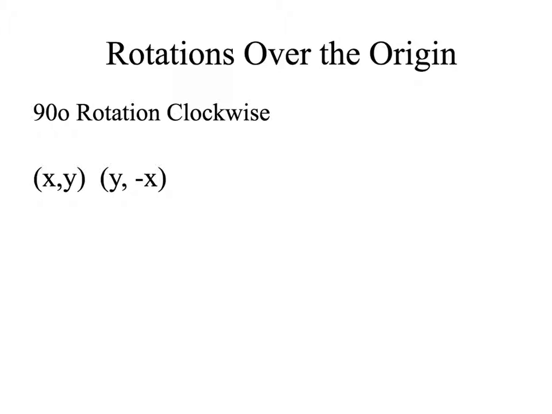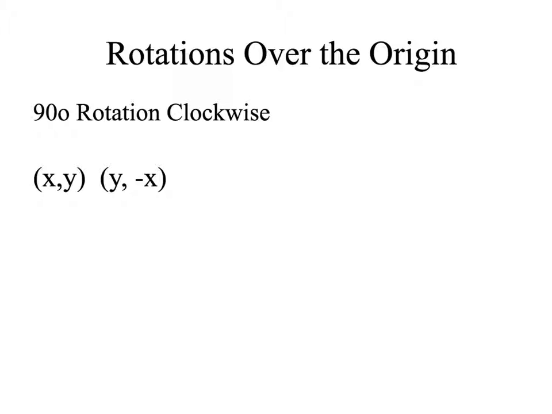So there's 3 rotations that we're going to be looking at. And each one has its own formula. And these you're going to have to remember. And we'll try to come up with some good ways to be able to remember the formulas for the different ones.